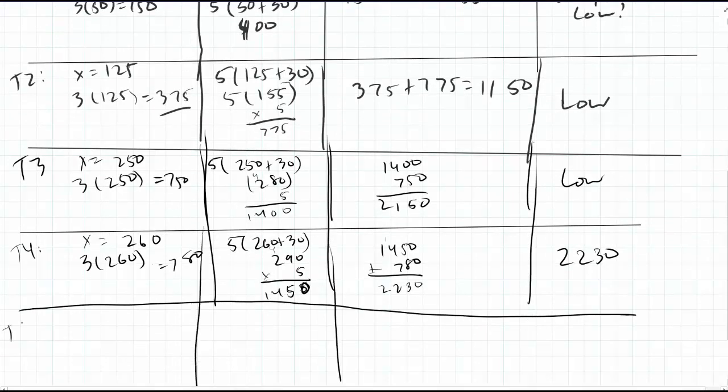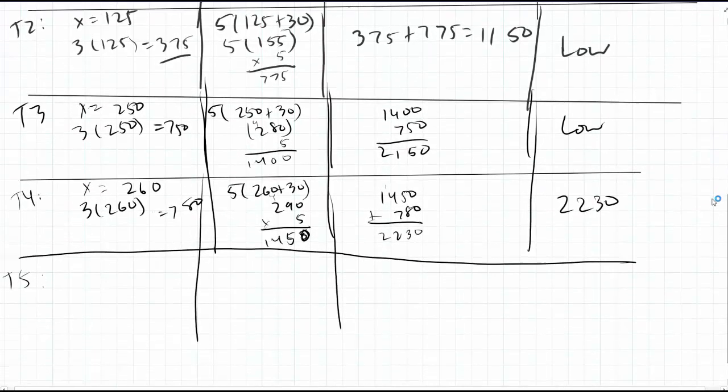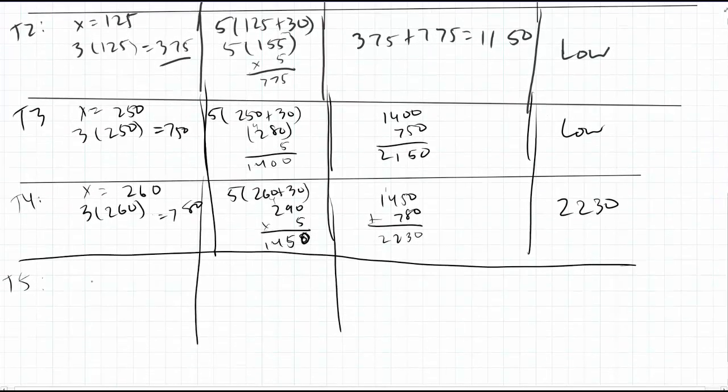Trial 5. If we notice, it only increased by $100 when we increased by 10 tickets. We need to increase by about $300.